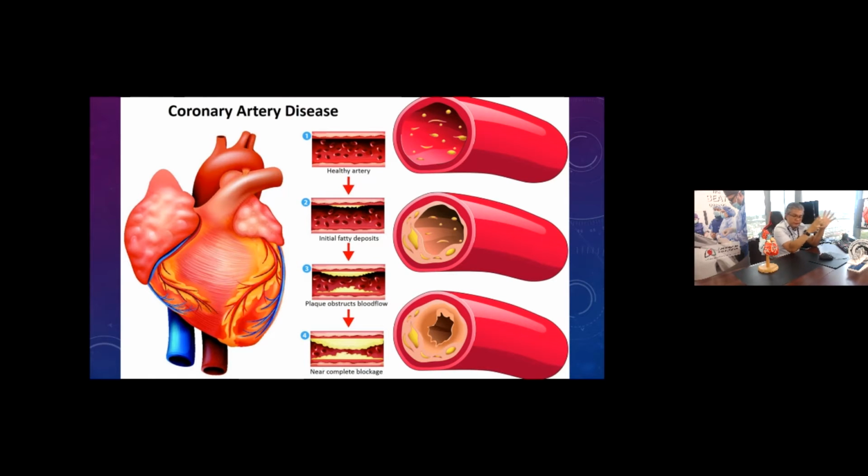So when you have those risk factors, and as you get older, and if you're a man, what happens is, in the beginning, you have this normal blood vessel, nice and big, thin wall, and the blood is flowing through. But those things, high blood pressure, high cholesterol, diabetes, smoking, they cause damage to the inside of the blood vessel. And the response of your body to that damage is to try and fix it by putting cholesterol there.